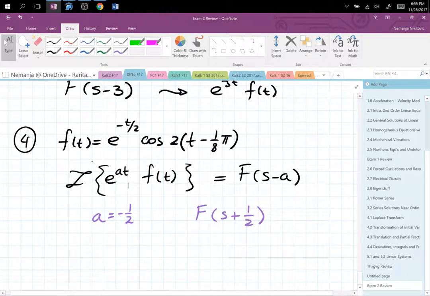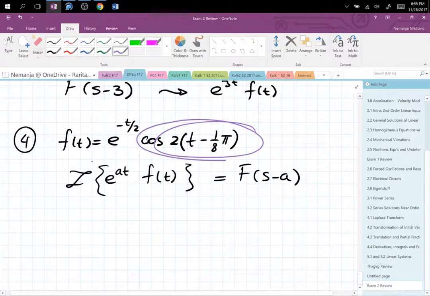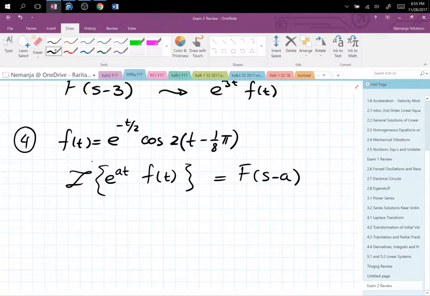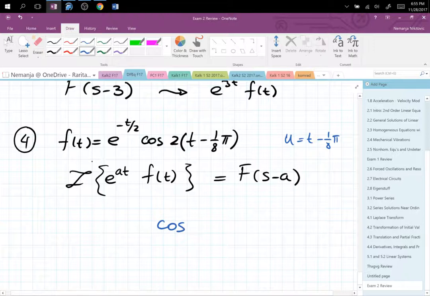Now, guys, this is a very spicy problem. This will definitely not be on the test in this form, but we can have some fun with this and see what happens. So now we understood the half and all of that business, but we have an issue with this term here. So I'm going to use u substitution, and say u equals t minus 1/8 pi. Now, that fixes my issue with the cosine, which is now 2u, which you can regard as 2t.